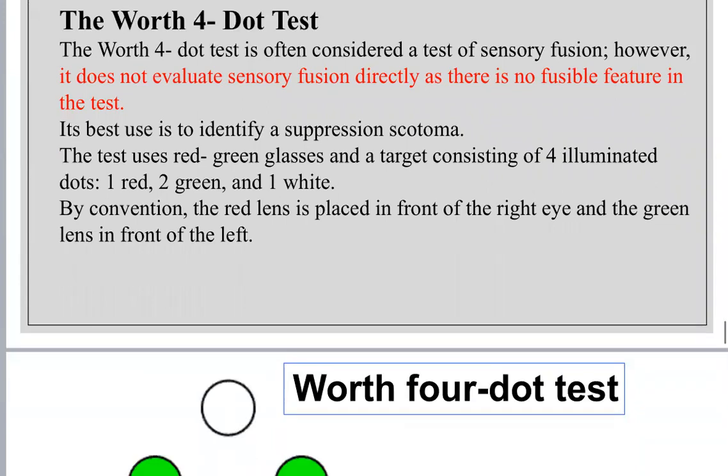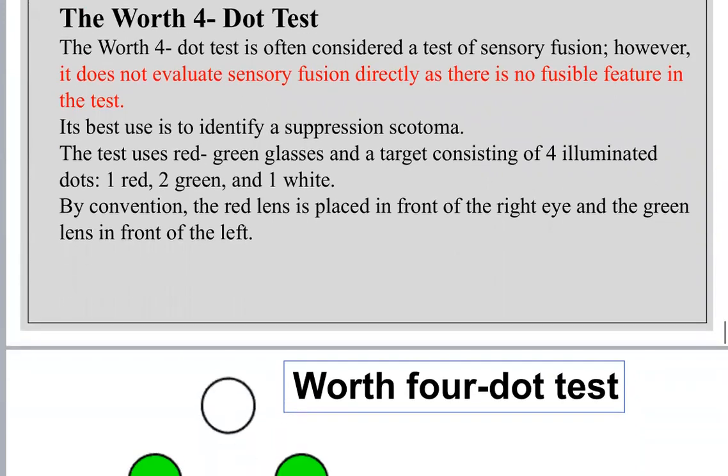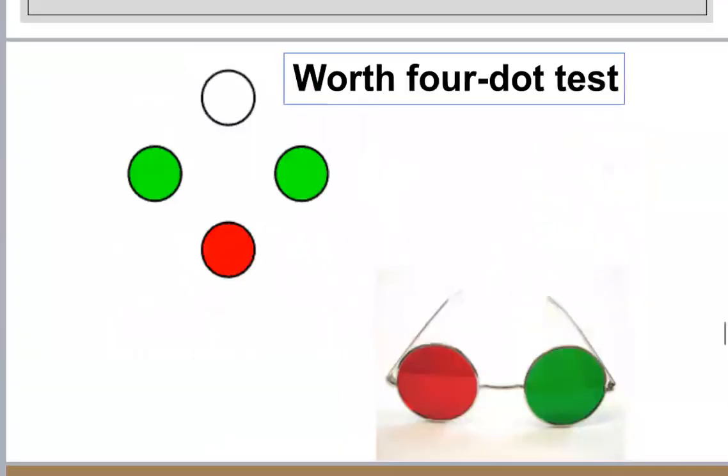The Worth 4-dot test is an extremely important one. Here I have 4 dots to be seen: 2 green, 1 red, and 1 white. We are using 2 glasses. We usually use red in front of the right eye and green in front of the left eye. Actually, this is not a condition.